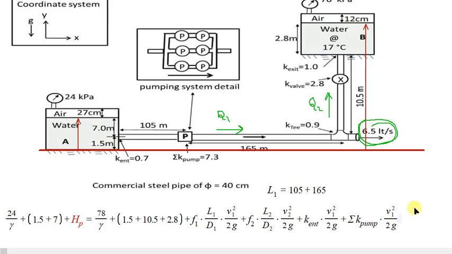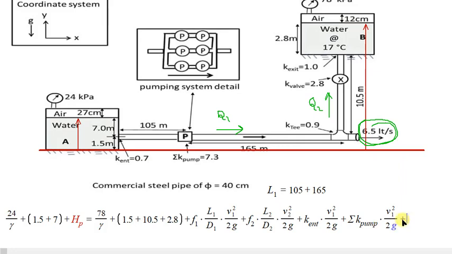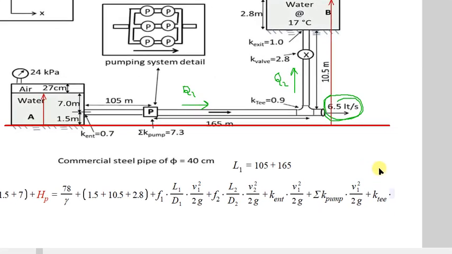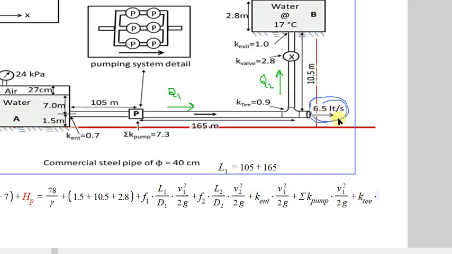Okay. So after summation K pump, looking for another minor loss, KT. Here we have a T. So KT multiplied by velocity. Which velocity? Here we said higher velocity and smaller area. So which one will have higher velocity? Same area, they are both the same area, but here we have a loss. So we expect the first one to have higher velocity.